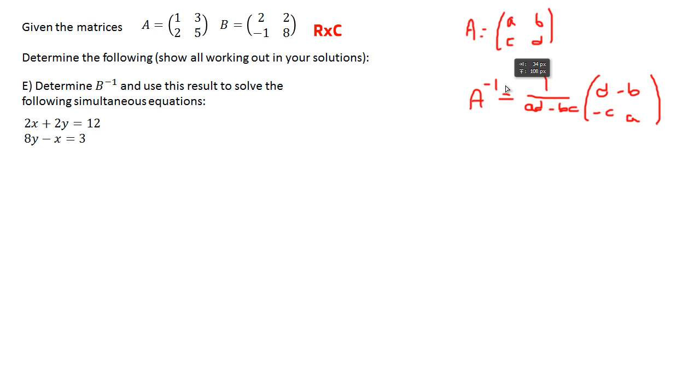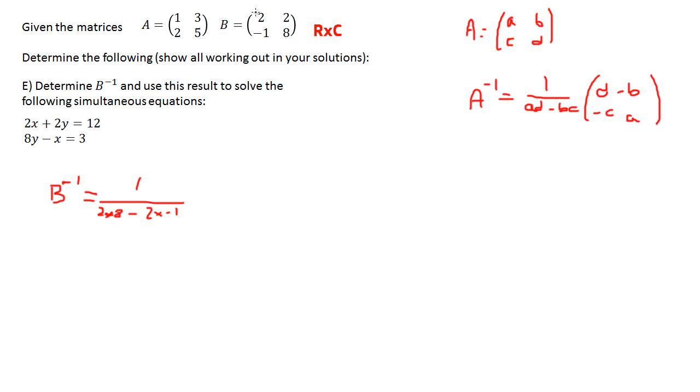So I'm gonna put this at the top there, so we can find B to the power of minus 1. So B to the power of minus 1 will be 1 over 2 times 8 minus 2 times minus 1.